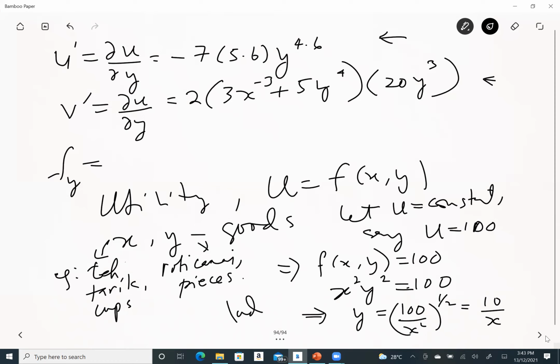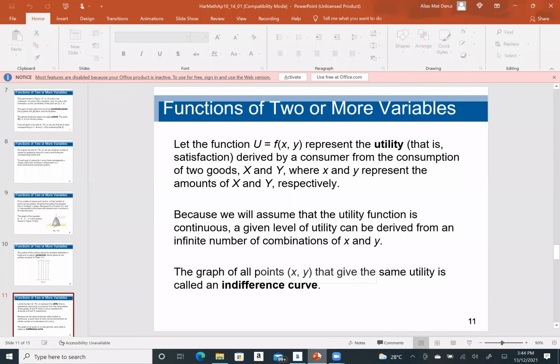If you have taken principles of economics, you might have come across the indifference curve. The indifference curve gives you combinations of x and y that generate the same level of utility.